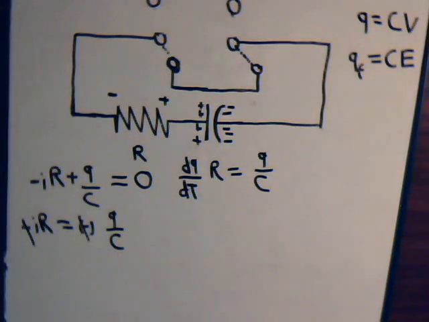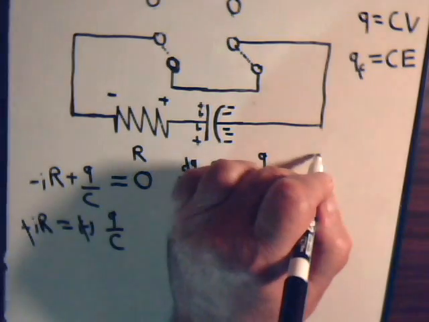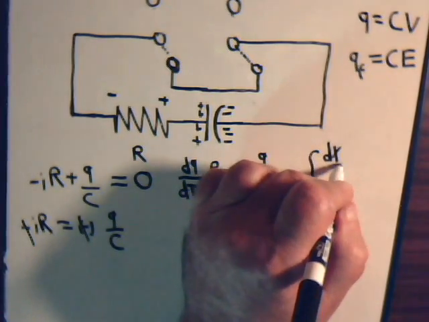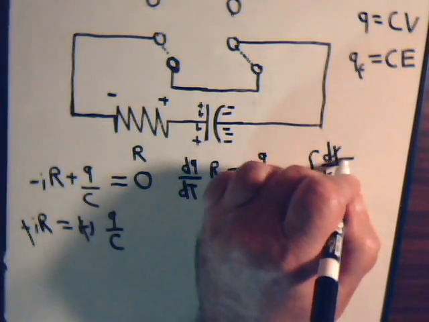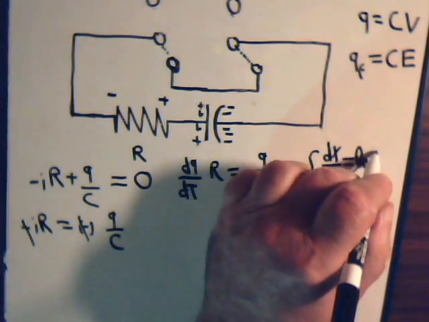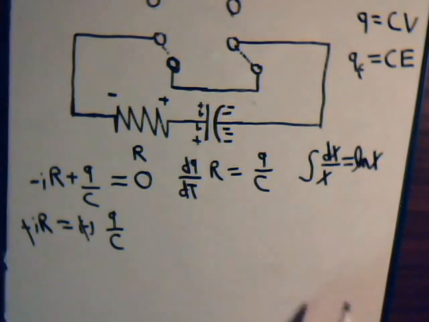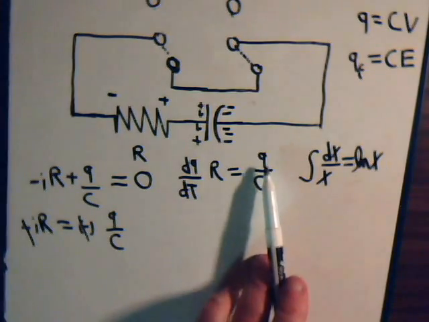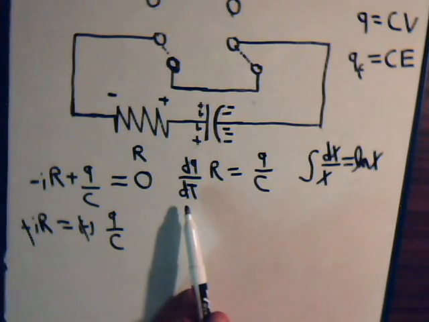So we have this, and you probably see where we're going with this now. In general, the integral of dx over x is the natural log of x. So here we have dQ and Q, so we're going to bring this over to here.